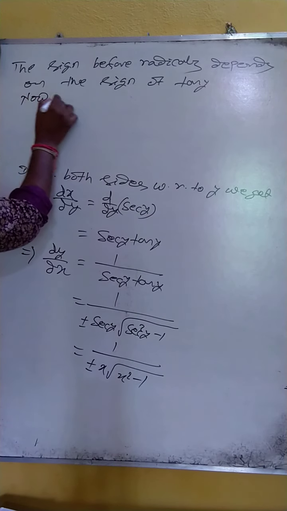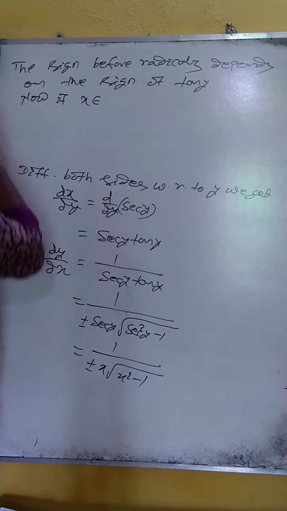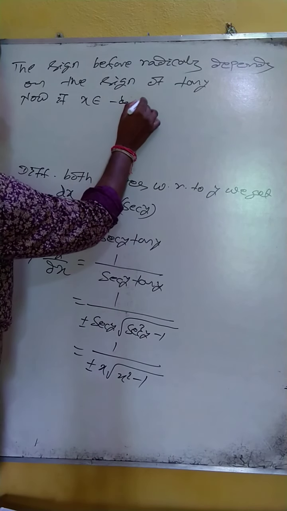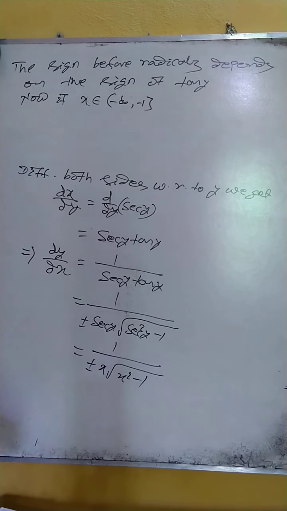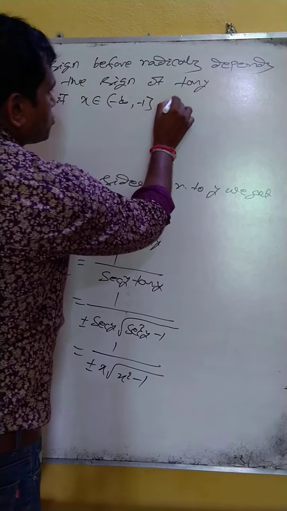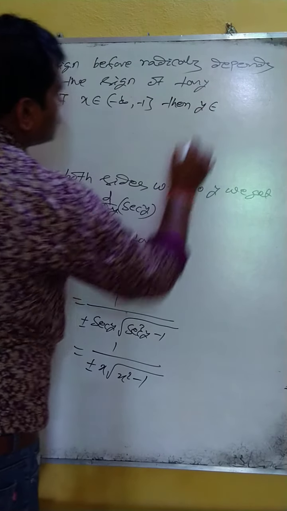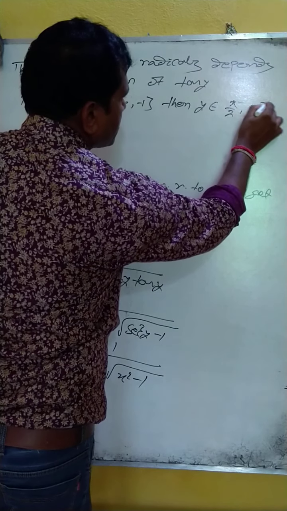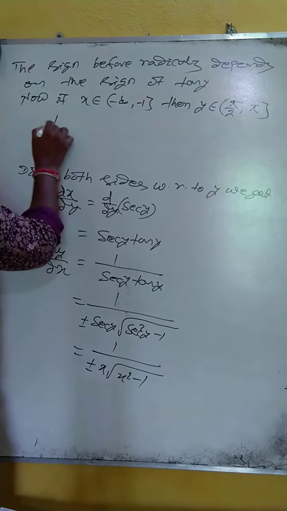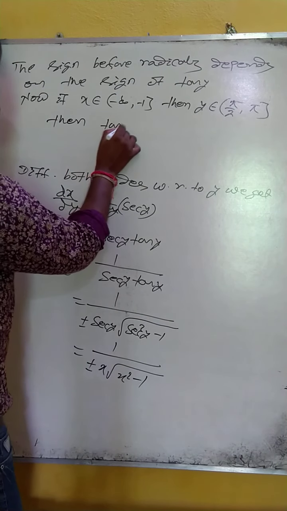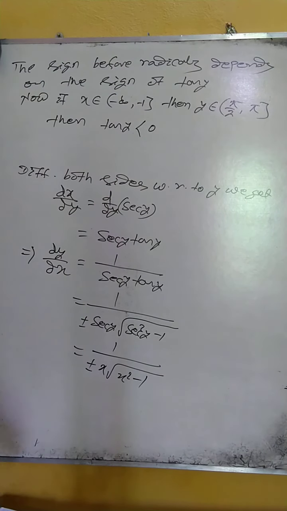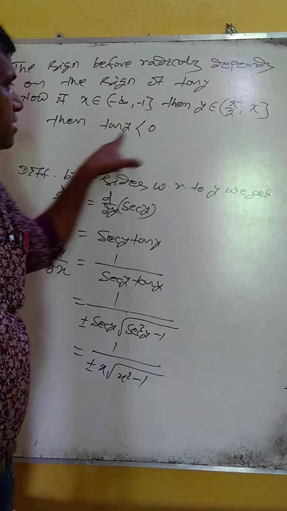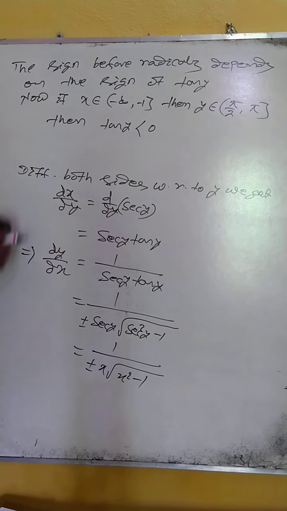Now if x belongs to minus infinity to minus 1, then y belongs to pi by 2 to pi, then tan y is less than 0. That means in the second quadrant, pi by 2 to pi, tan y is negative.